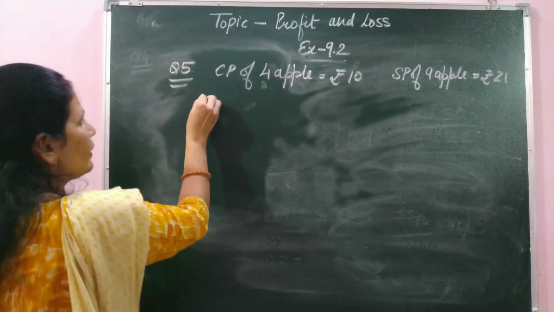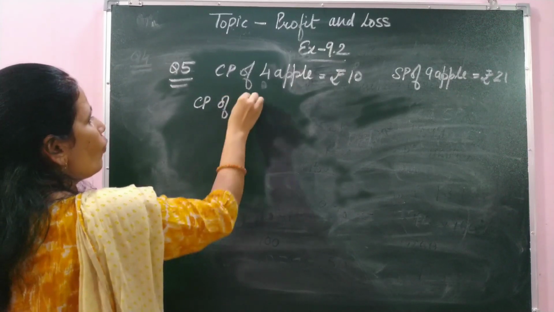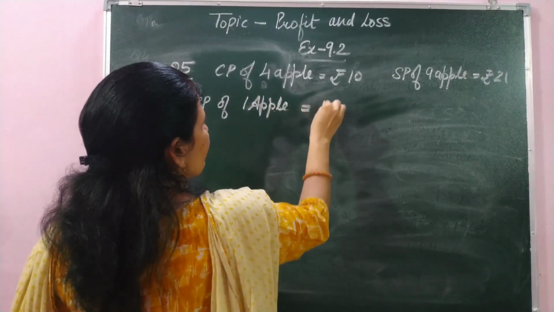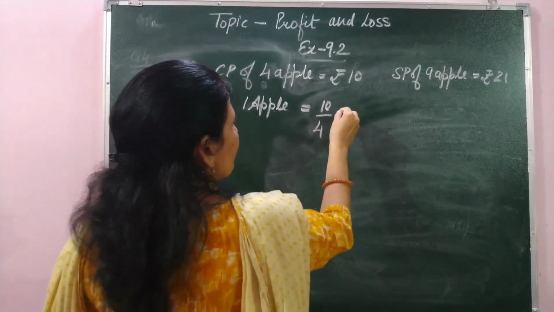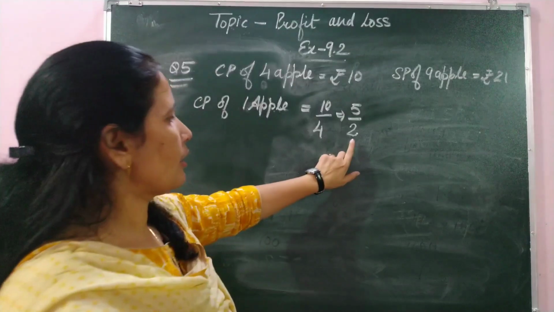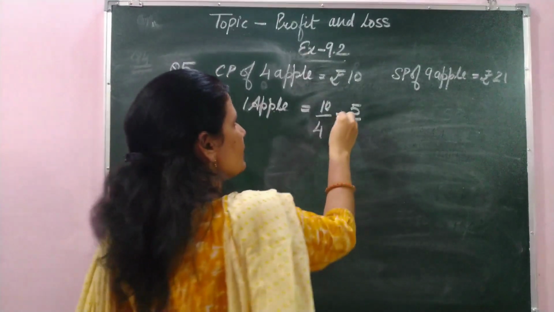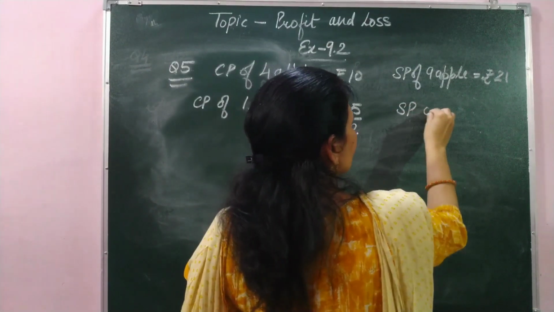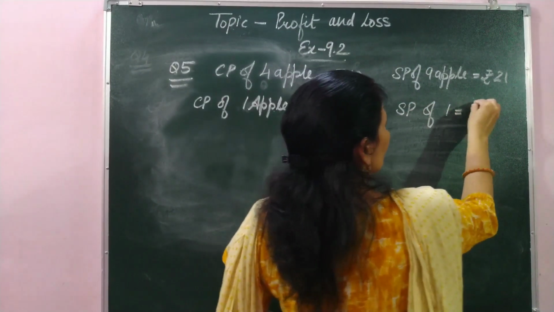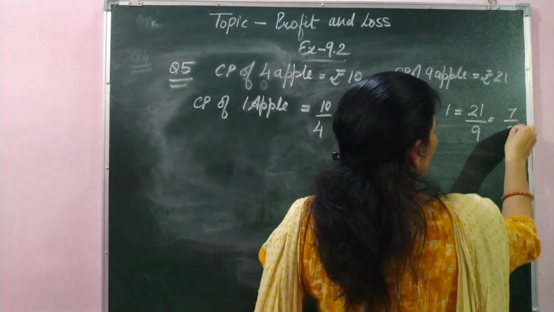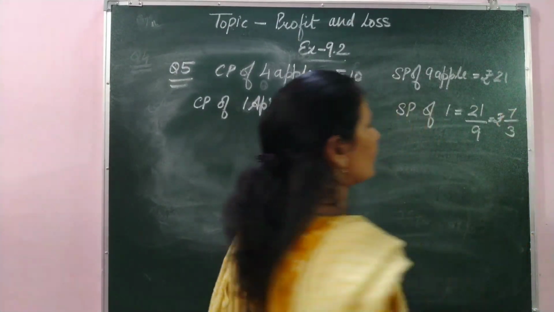So here we will write the cost price of 1 apple, that means rupees 10 divided by 4, that means 5 by 2. The price of 1 apple is rupees 5 by 2. Similarly, SP of 1, that means rupees 21 by 9, that means 7 by 3. Rupees 7 by 3 is the SP of 1 apple.